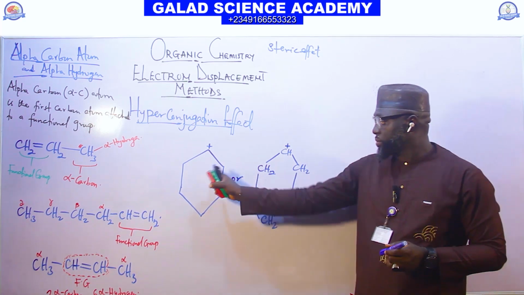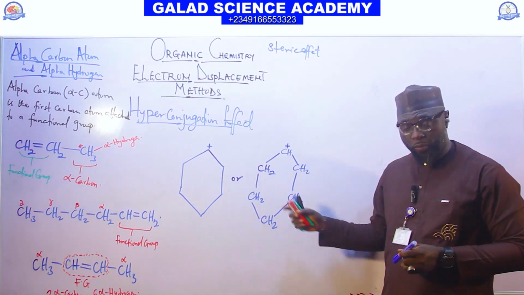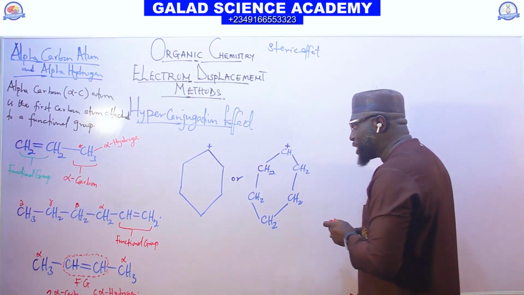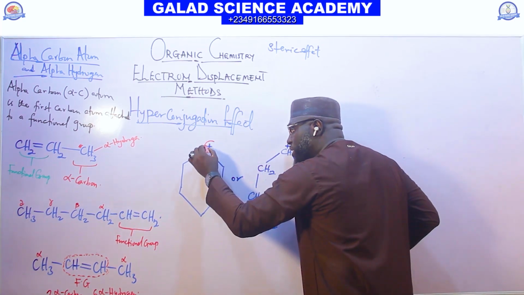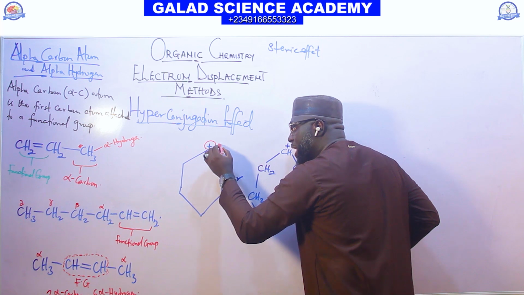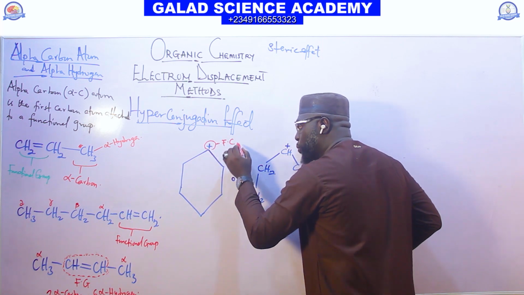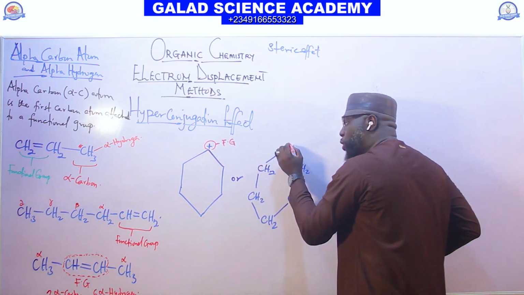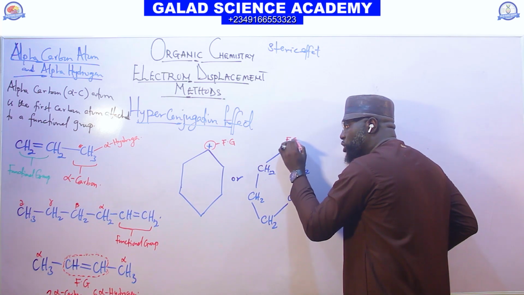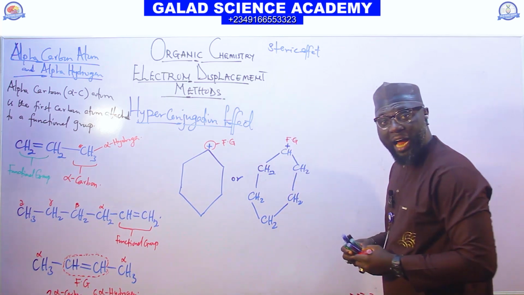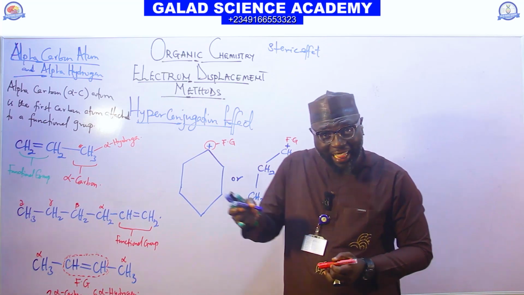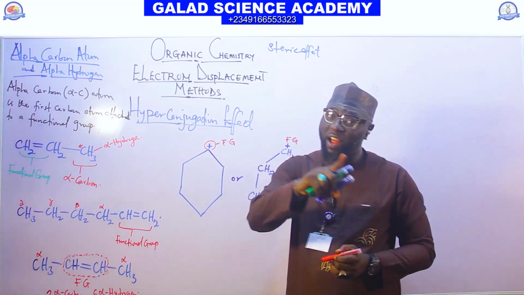This is the same. So if we agree that this positive charge we have on top here is the functional group. And I said the carbon atom that is attached to the functional group is called alpha carbon.